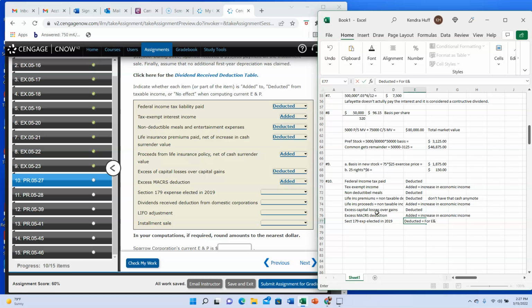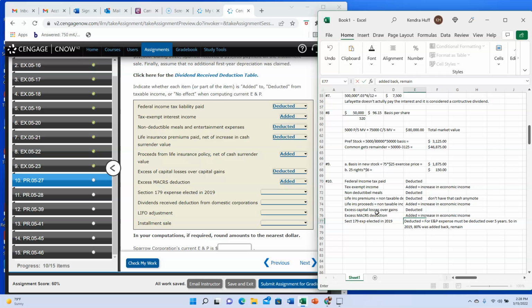For E&P, the expense must be deducted over 5 years. So in 2019, 80% was added back because they only got to deduct 20%.